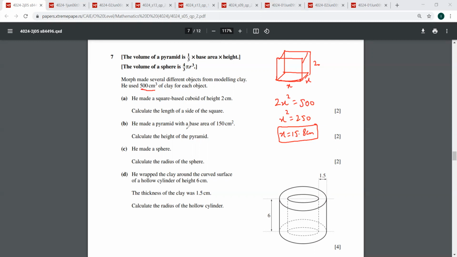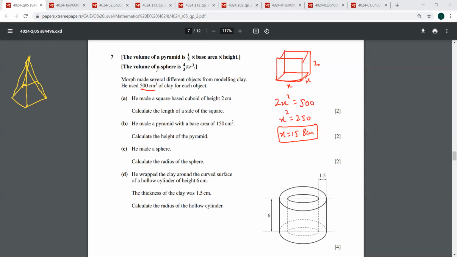He made a pyramid with a base area of 150 centimeters square. Calculate the height. Now, this is really a good question. He keeps asking simple questions here. He's not telling us what kind of base this is. Suppose this is the base of that pyramid. He has given us the base area.